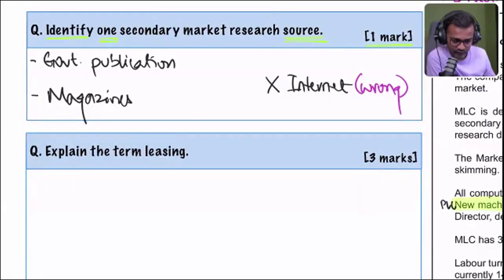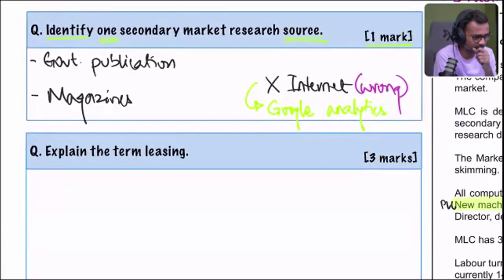Social media is again very broad as a term. You should say something like Google Analytics, something particularly that you get from the internet. So this would be right, but just mentioning internet or just mentioning social media might not be okay. Newspaper might be fine. That's also fine.